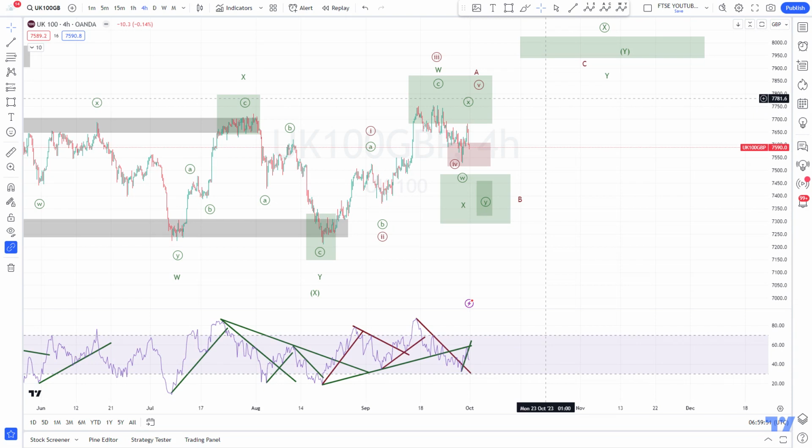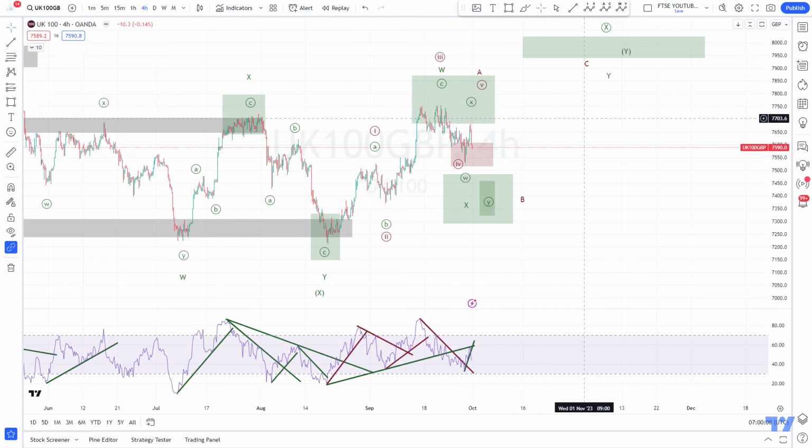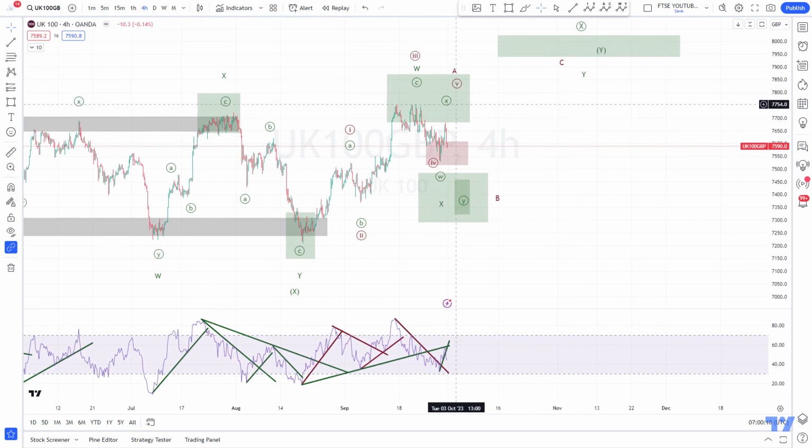But I would be really careful, because I know from here I called for downside as a wave A, or as a wave W. But that does not mean that if we go up here again, we should blindly short it.